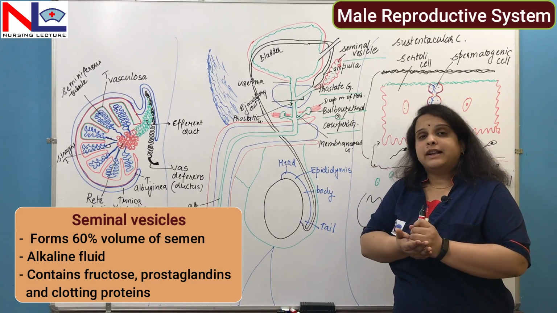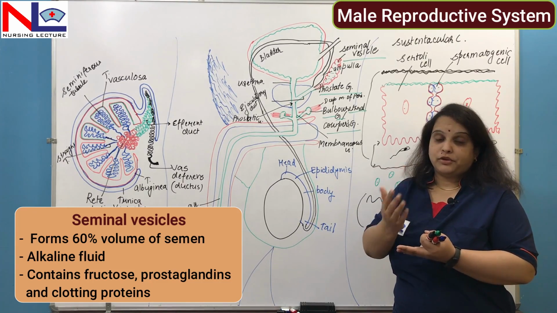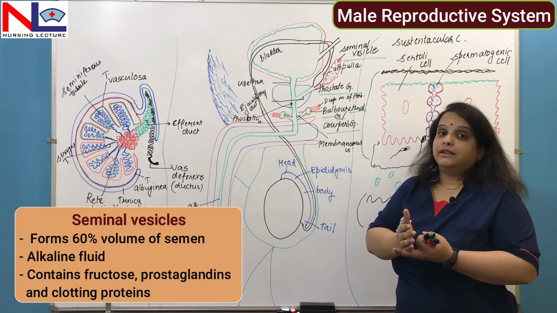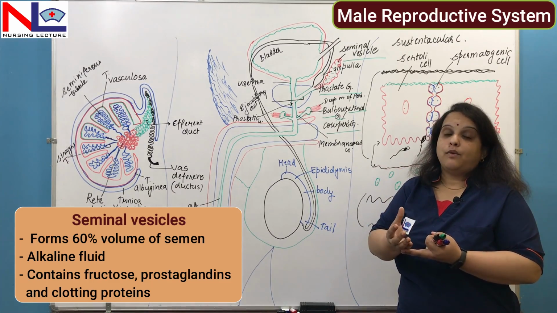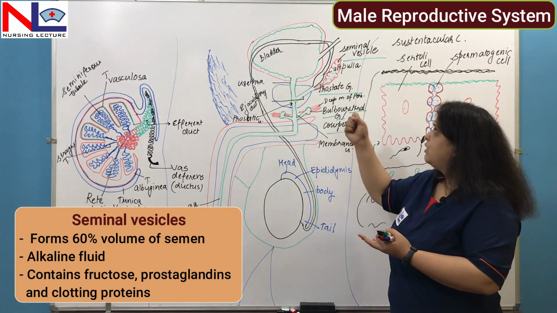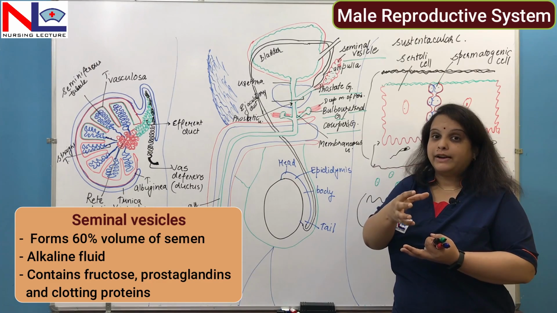So fructose is essential for energy for the sperm, for production of ATP, and prostaglandins are essential for smooth muscle contraction. So once the semen is ejaculated in the female reproductive tract, what happens?